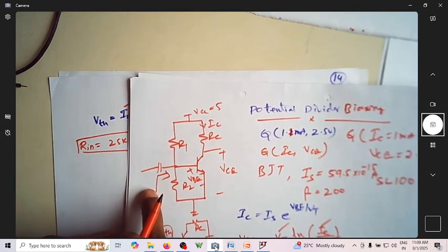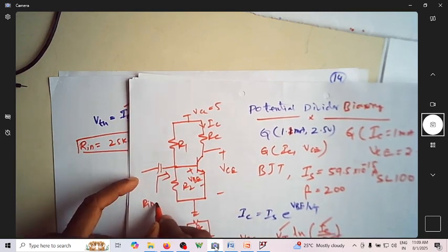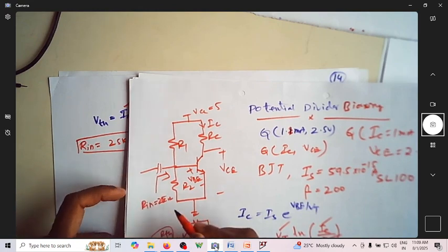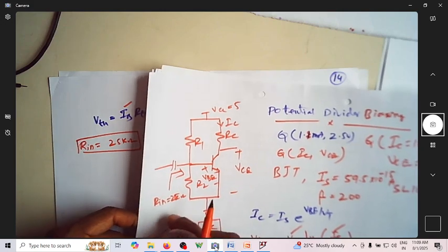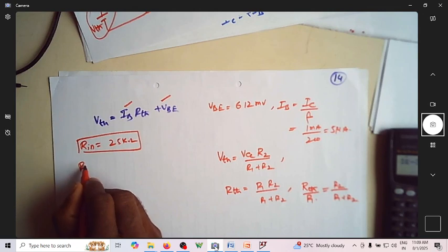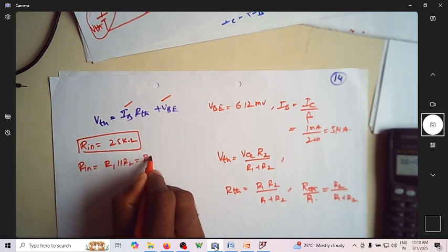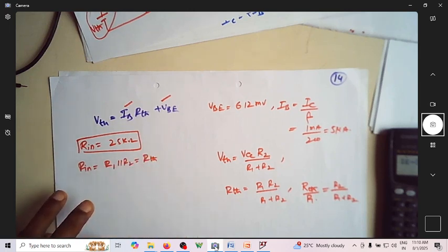So let the input impedance of this be high. We will see why it should be high, all those things later. Let this be 25 kilo ohm. If this is 25 kilo ohm, then this R in is also equal to R1 parallel R2, which is nothing but R Thevenin.